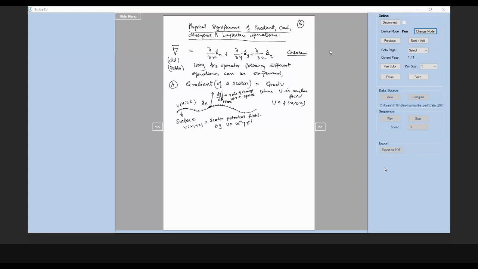So basically it would be the maximum space rate of change in the normal direction to the surface on which this potential field, which is scalar in nature, is distributed or is a function of space.